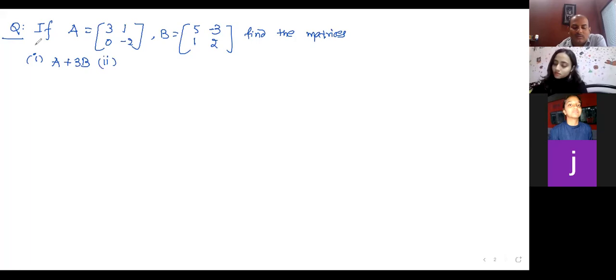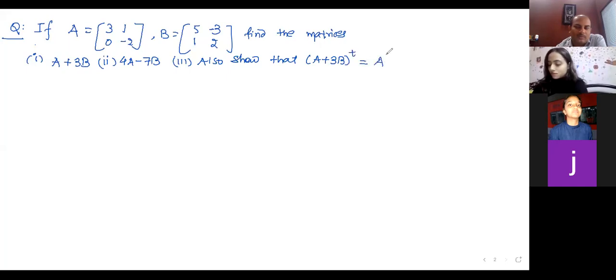Second part, 4A minus 7B. Third part, also show that (A plus 3B) transpose is A transpose plus 3B transpose.